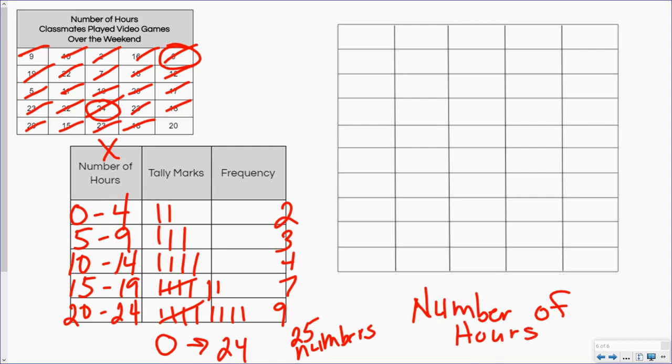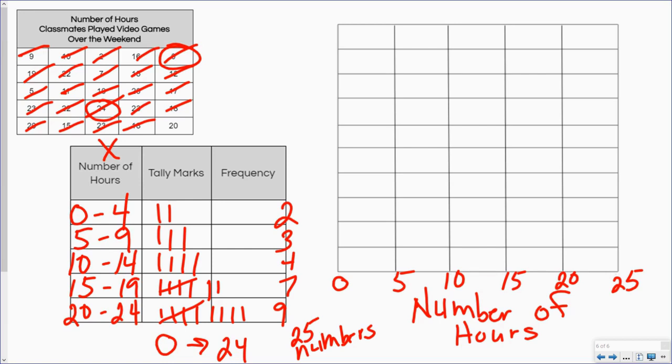And then I'm going to put my ranges. So I'm going to start at 0, and then my next range starts at 5. My next one starts at 10. Next one starts at 15. Next one starts at 20. And to label my last one, I'd go to 25.